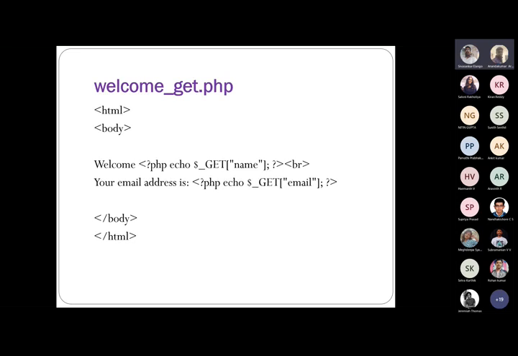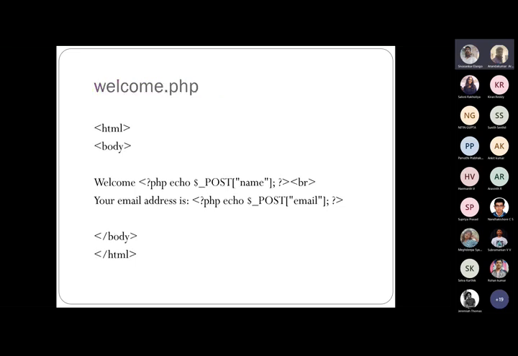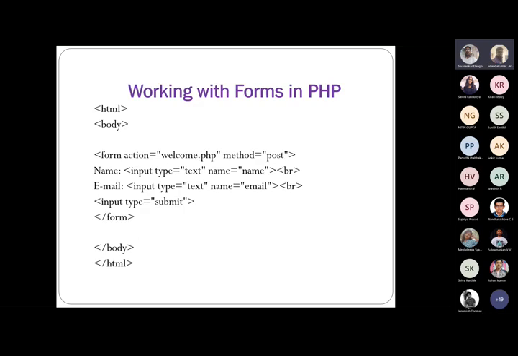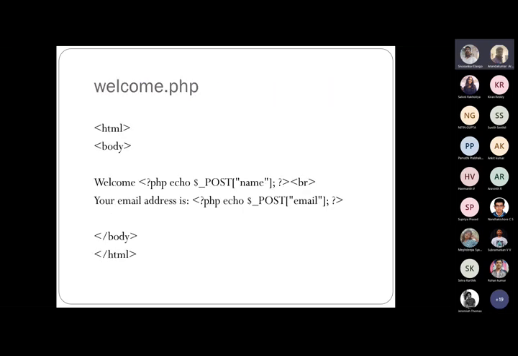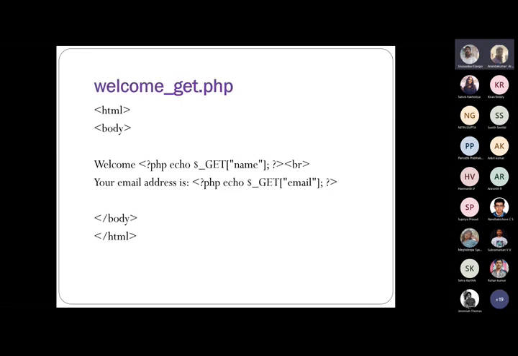You access the variable values submitted in an HTML form either by using a get method or a post method. If the form method is post, you use dollar underscore POST variable name to access the variable, whereas for a get method, we'll use dollar underscore GET variable name.